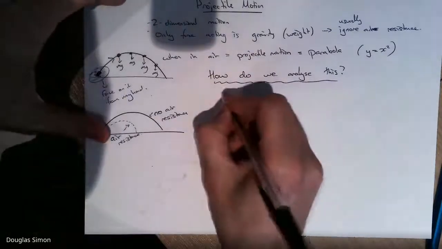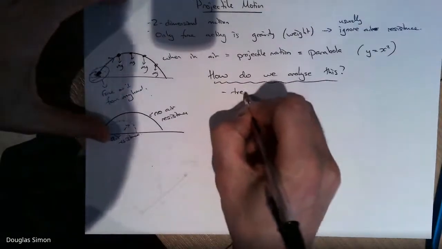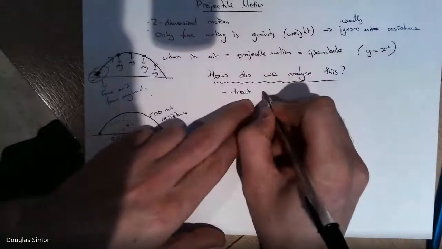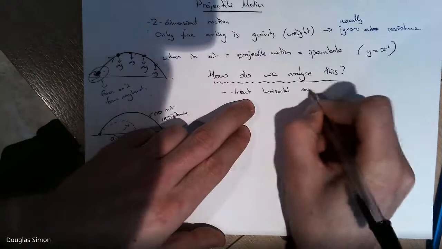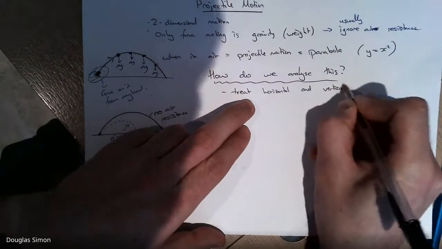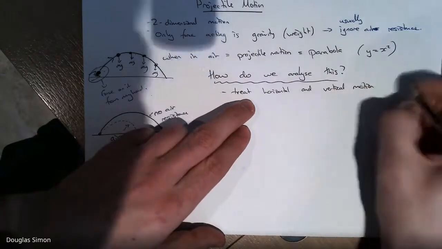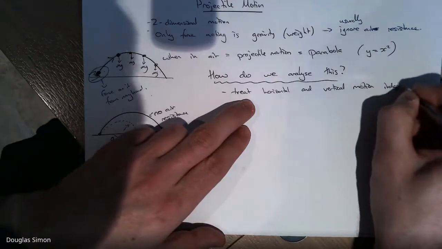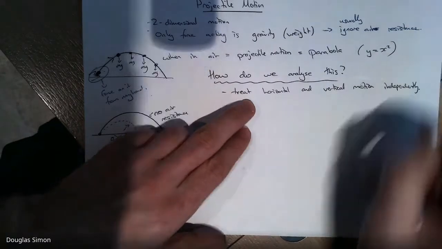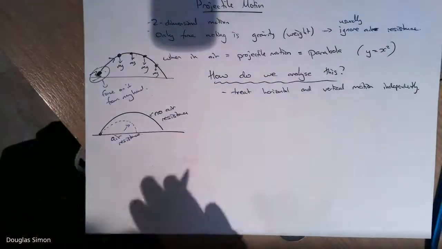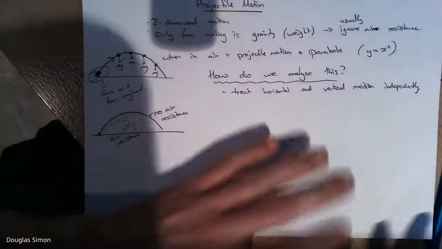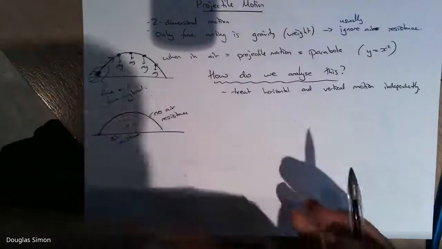The most important step is you treat the horizontal and vertical motion independently. So that means you solve something horizontally, great, you got an answer, brilliant. And then you stop thinking horizontally, you start thinking vertically, and then you solve that bit. And you don't mix them up.